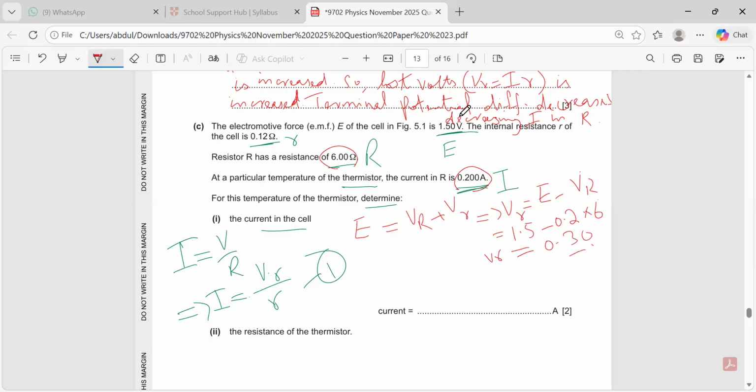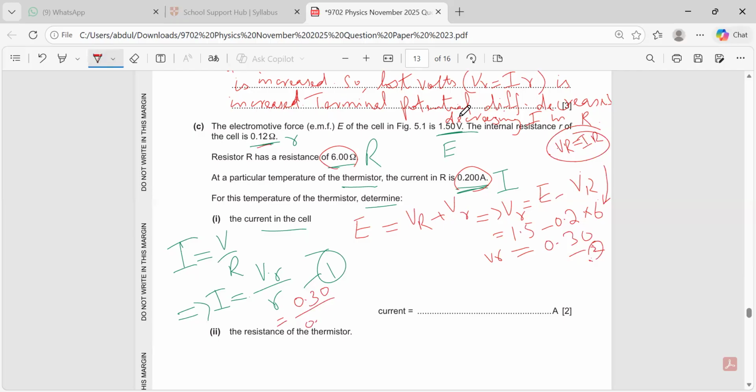So my dear friends, this is equation 2. What I did, V_R means I R. Okay, so that's what I have used here. Now, this value is with us. Now place this value of V_R here. So V_R is 0.30 over r. The internal resistance of the cell is given. How much is that? 0.12.